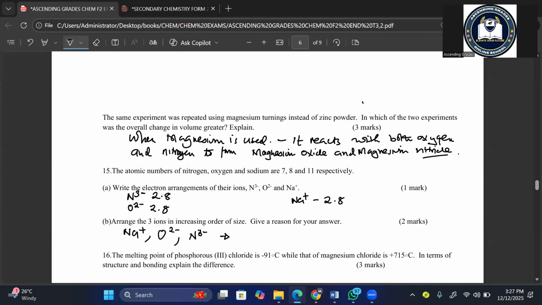And the reason is the number of protons decreases to the right, hence reducing the effective nuclear charge.